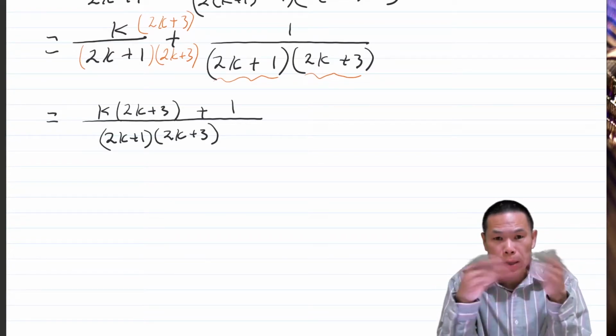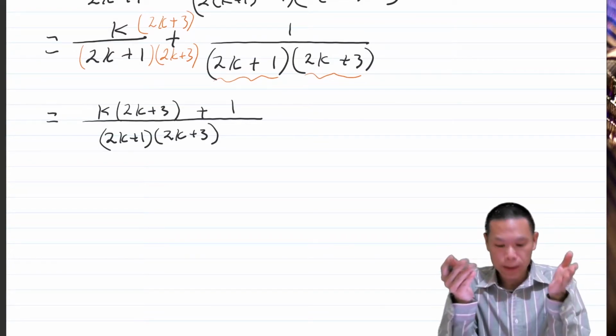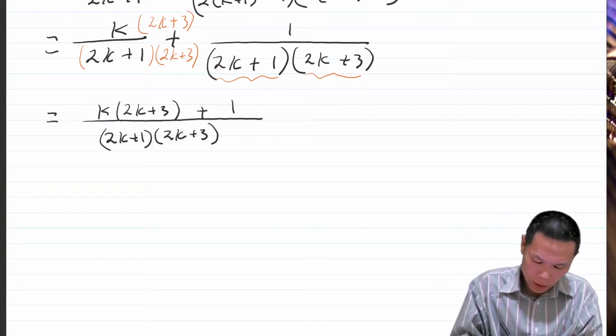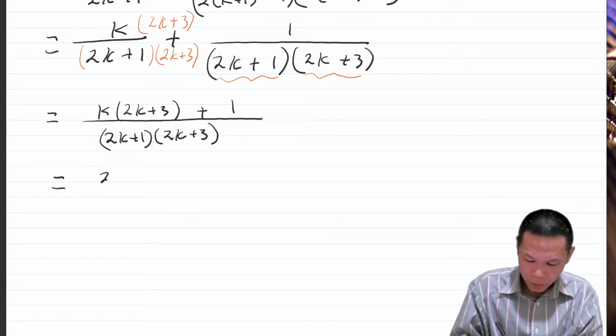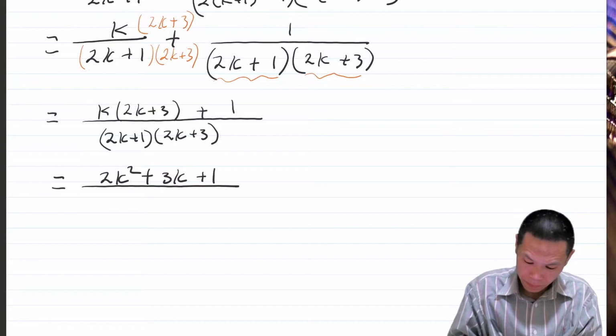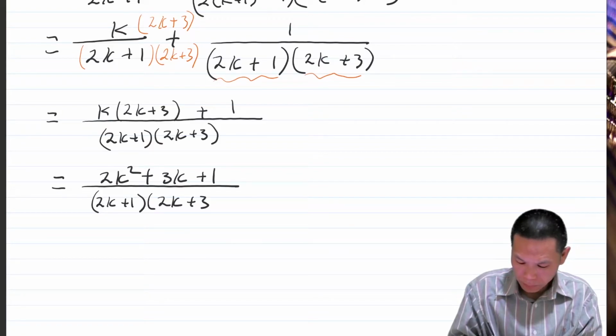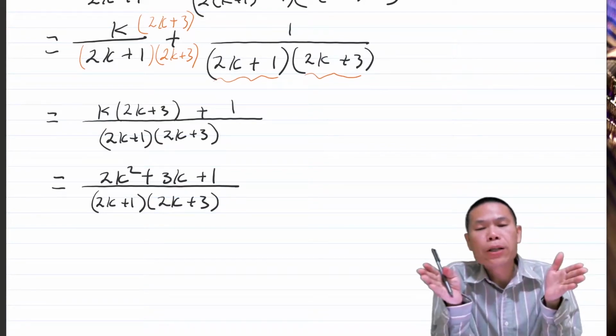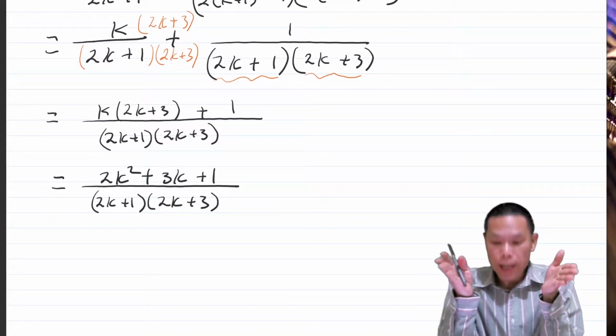So now I just expand the top and then I factorize, okay? So I just write equal to 2k squared plus 3k plus 1. So now I just need to factorize the numerator.